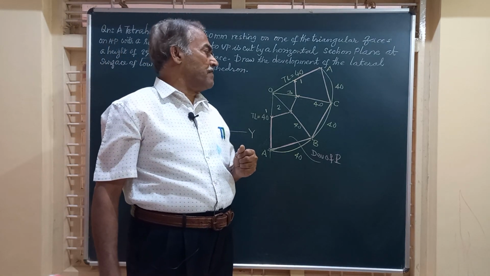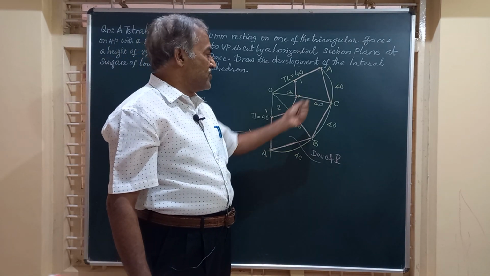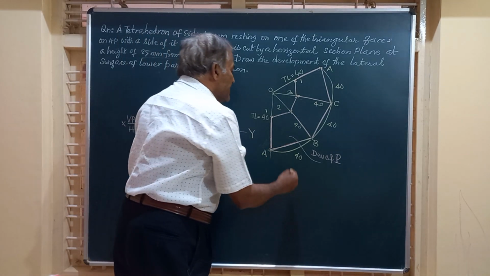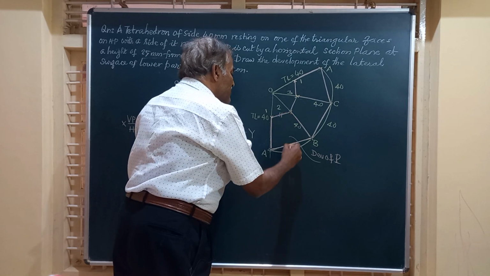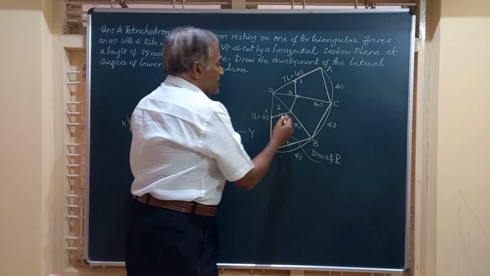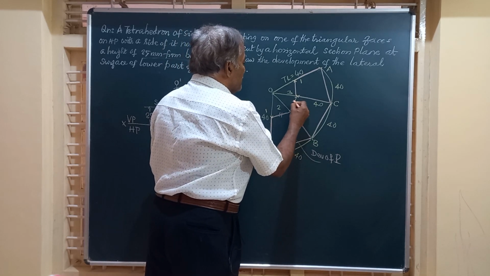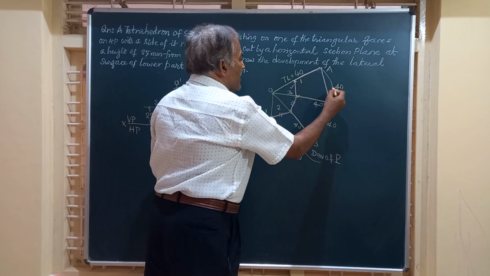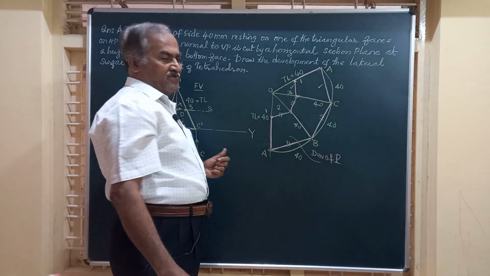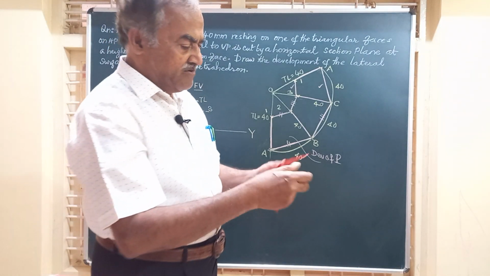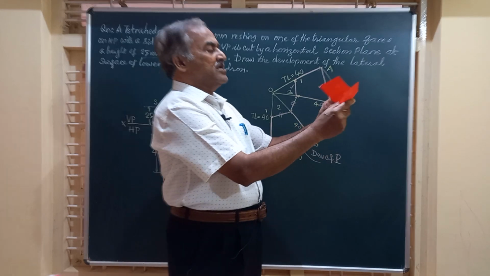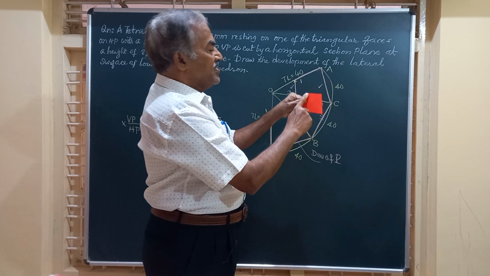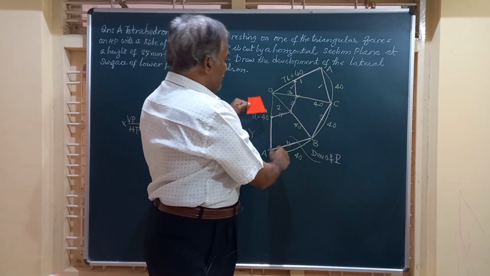And friends, these 3 figures you get here are all trapeziums. That is to say, the side 1 to 2 is parallel to AB. Line 2 to 3 is parallel to this. Line 3 to 1 is parallel to this. And friends, finally, the development you have got here is 3 trapeziums like this. Trapezium, this is side 1 to 2, and bottom is AB.